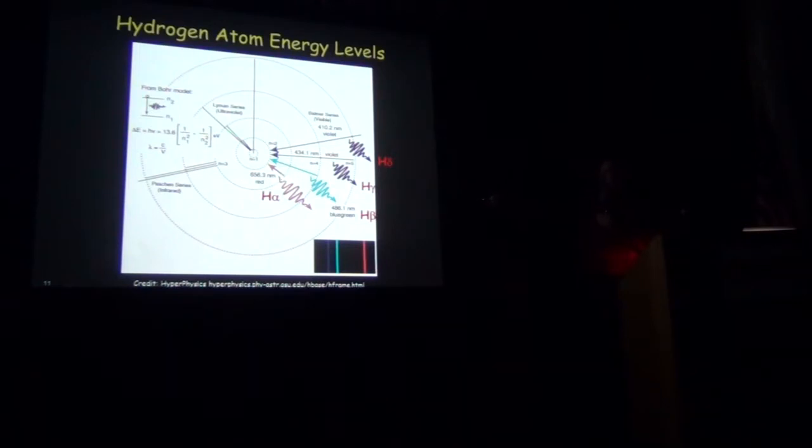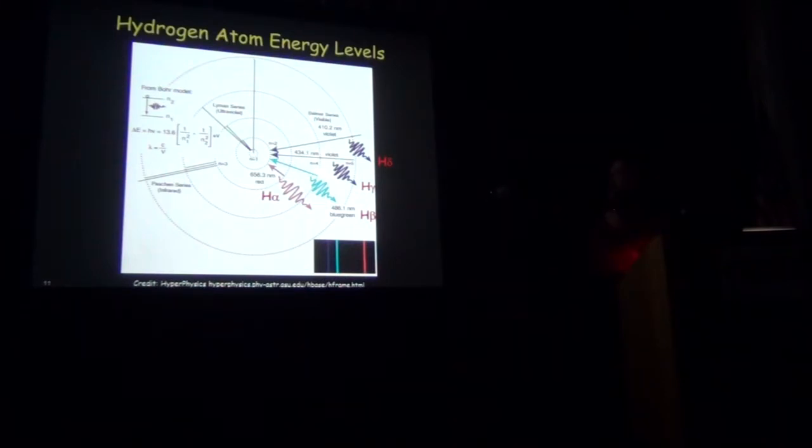The ones we're going to be most interested in are energy level 2 and energy level 3. When something jumps from 3 to 2, we end up with red H alpha light, and that's at a wavelength of 656.3 nanometers.